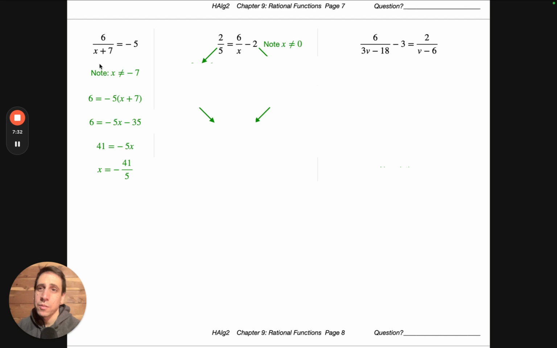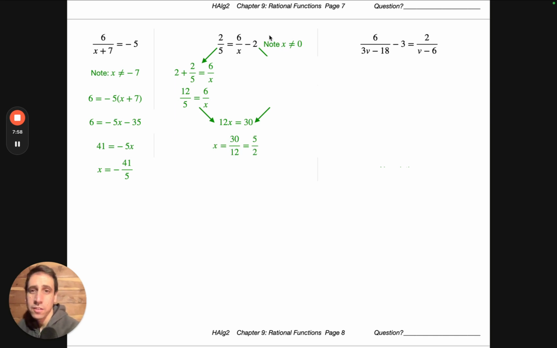All right, so that's when there's just 2 terms on either side. If we have 3 terms, then the first thing to do would be to get back down to 2 terms. You can add 2 to both sides of this equation. And then combining the fractions, you get a proportion. 12 over 5 is equal to 6 over x. Cross multiply, and you get 12x equals 30.